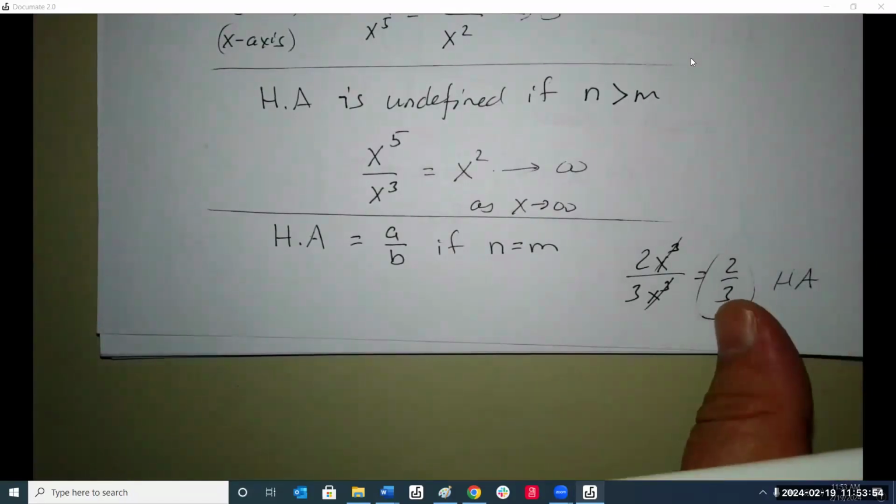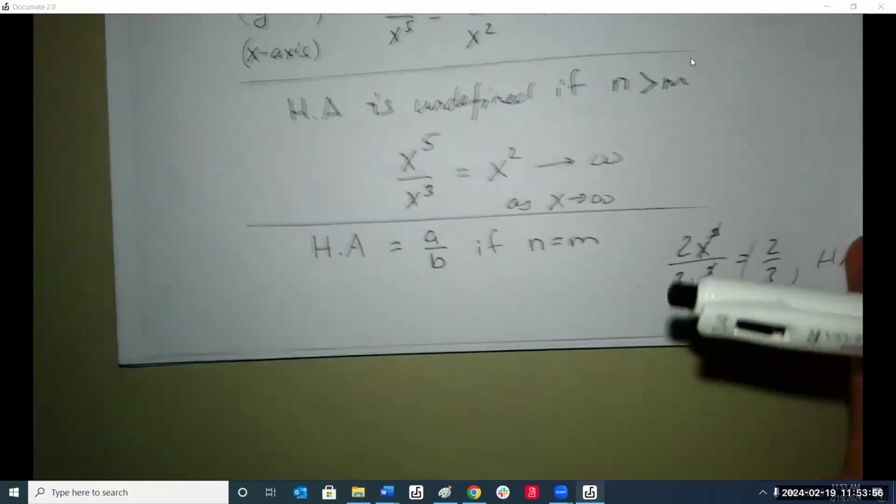All right, so let's look at some of these, and then we'll talk about obliques. There's always an exception to the rule.